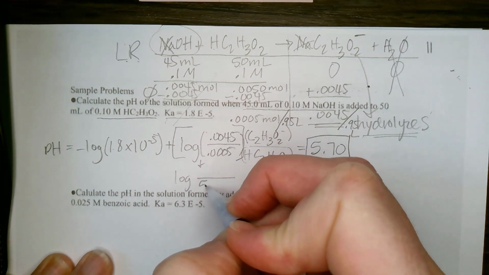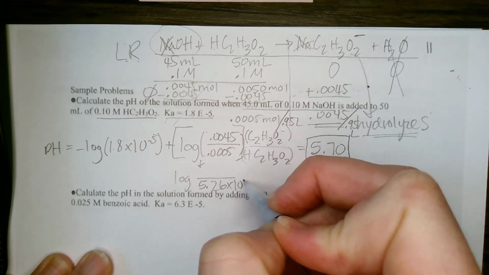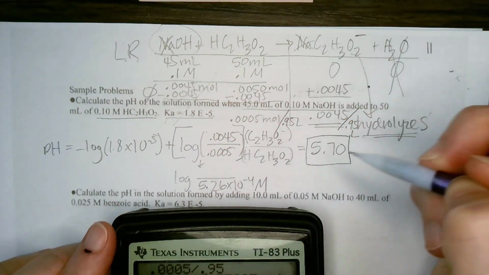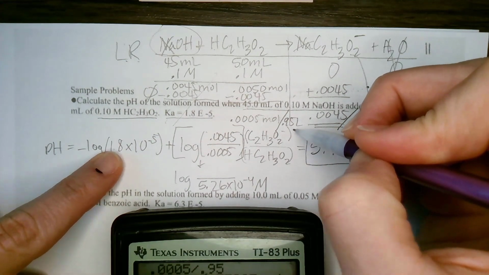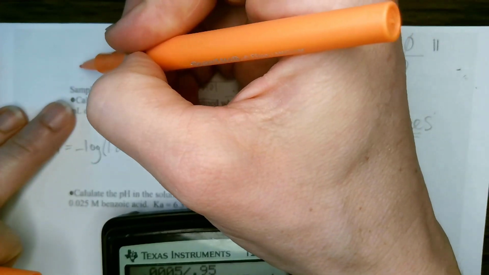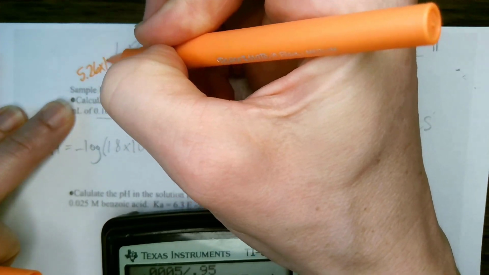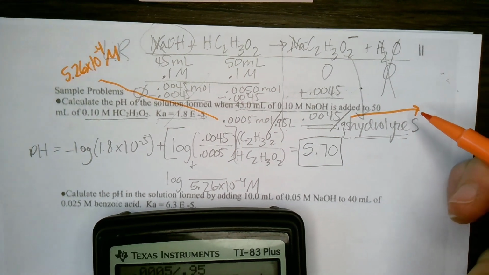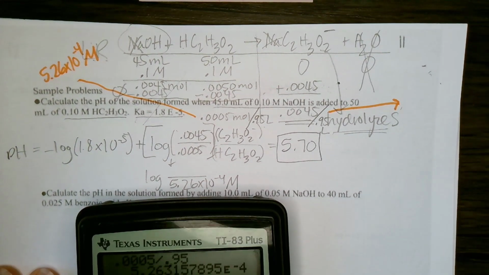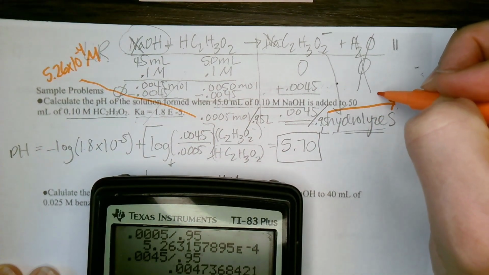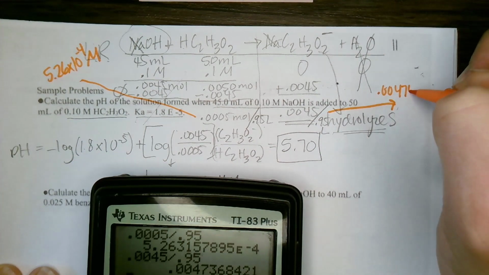So my acid, 5.26 times 10 to the negative 4, big M. And for my base, I'm going to put an arrow over here, 0.0045 divided by 0.95, and I'm going to get 0.00474 big M.